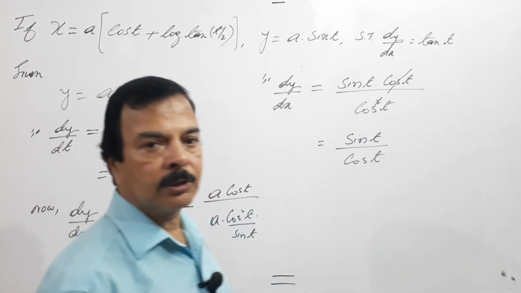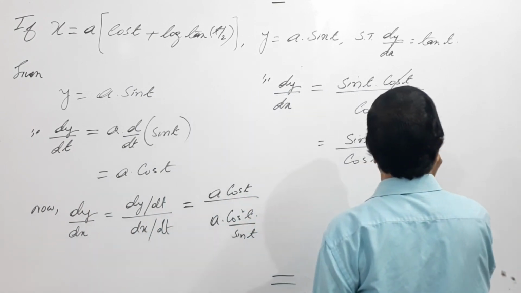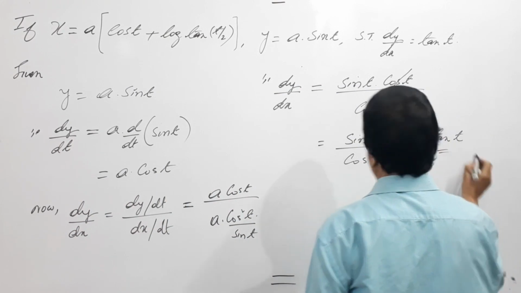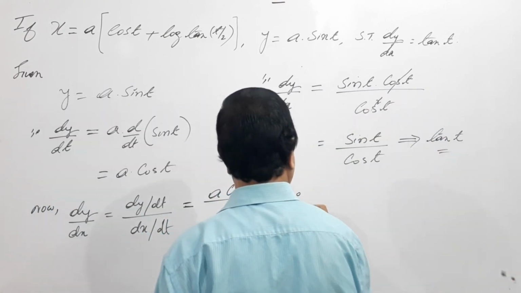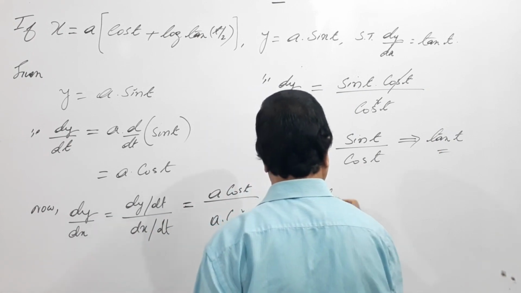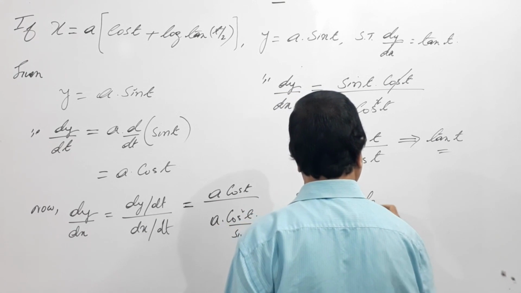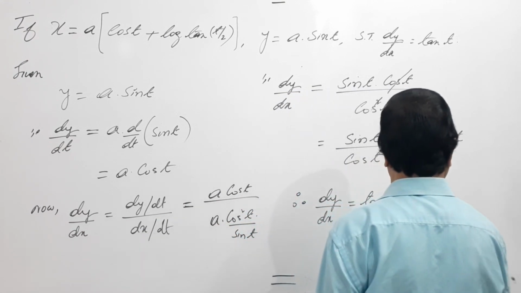What is sin by cos? Sin by cos is nothing but tan t. Therefore dy by dx equals tan t. Hence proved.